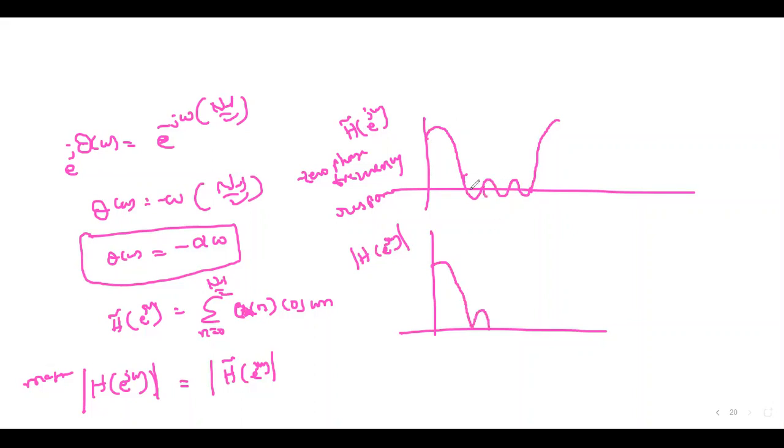For positive, it will remain positive. Negative also, it will become positive. That's it. So the same thing here, but instead of this negative value, it will be positive. That is the magnitude response of the linear phase FIR filter.